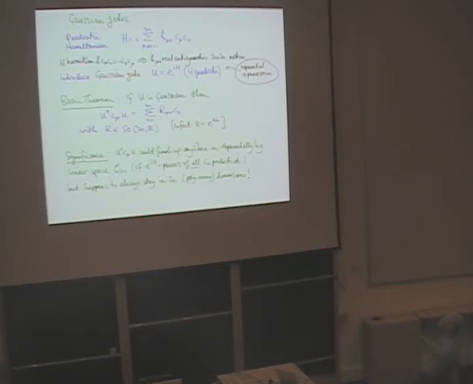So given these C's, I can consider quadratic expressions in the algebra like this. And I require them to be Hermitian.